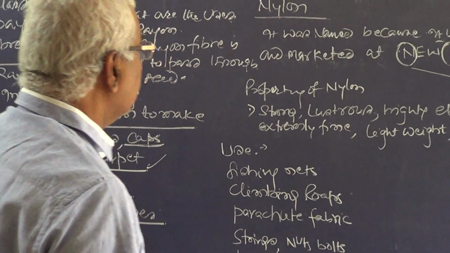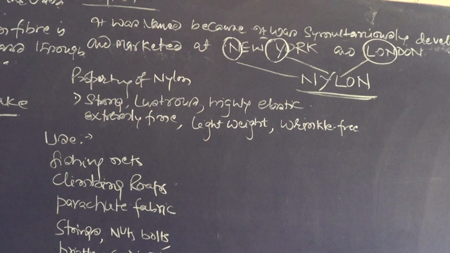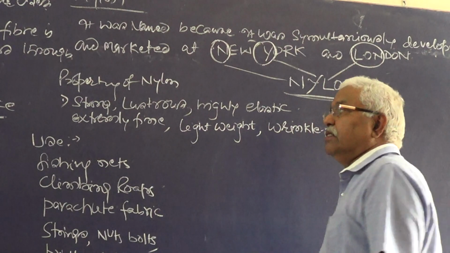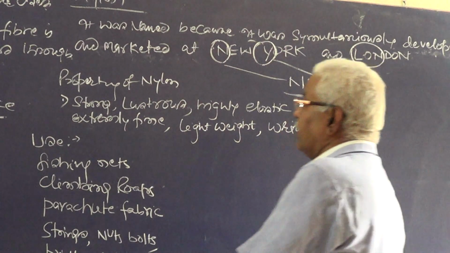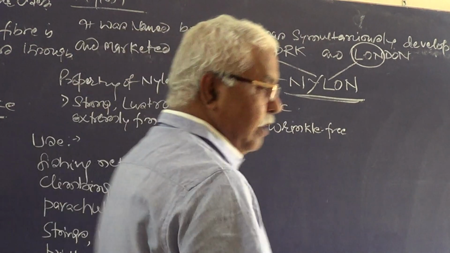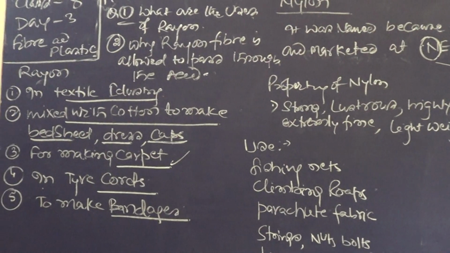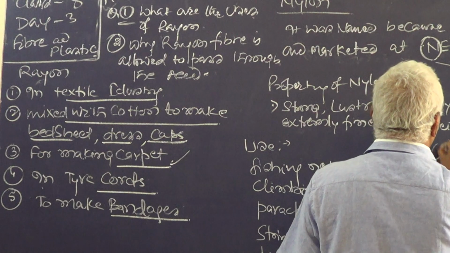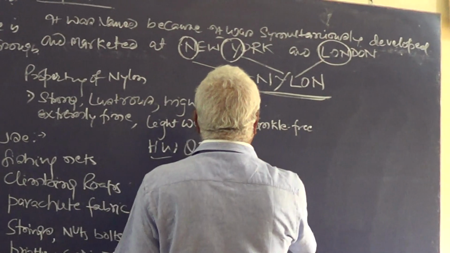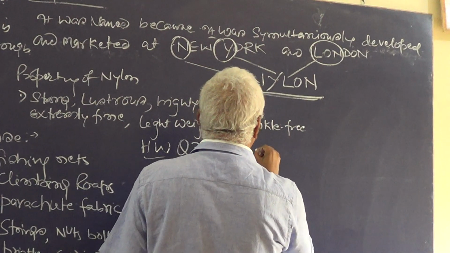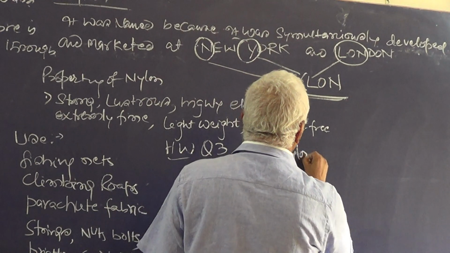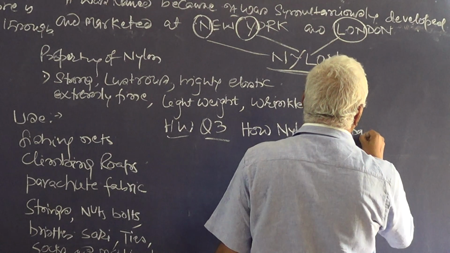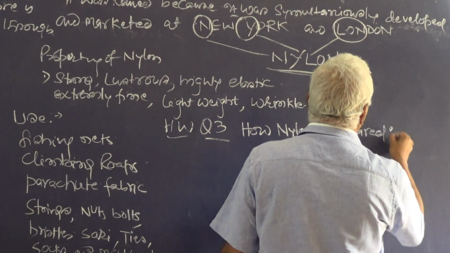So children, how is nylon prepared? My next question, write question number 3. How is nylon prepared? You can write it as homework. Question number 3. How is nylon prepared? What is the answer?